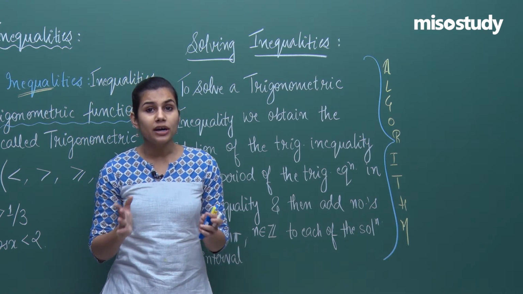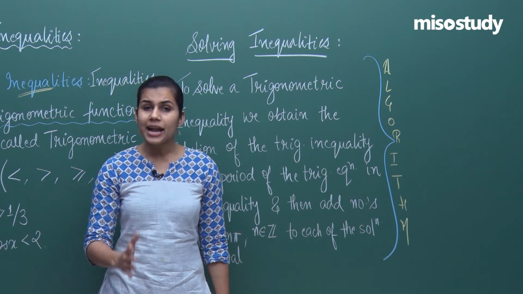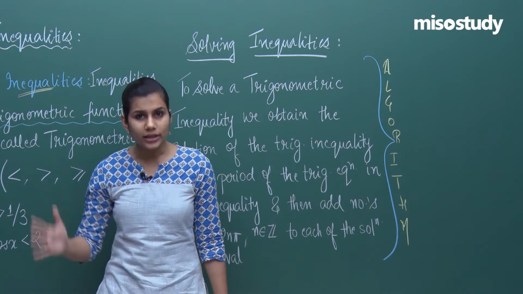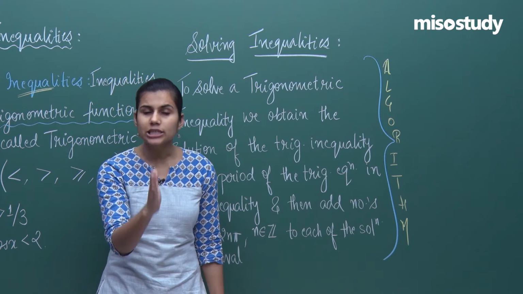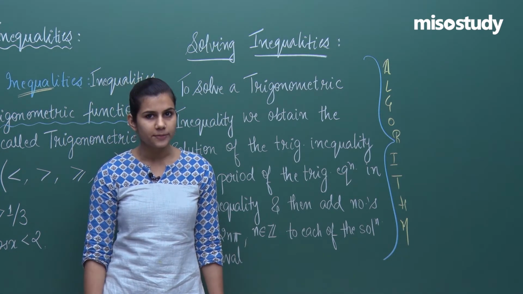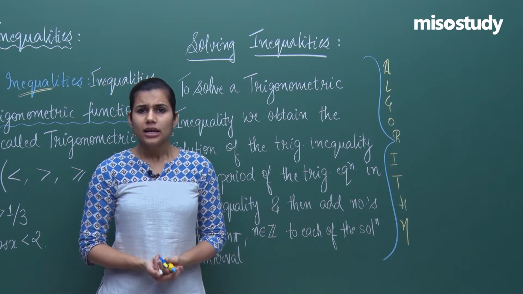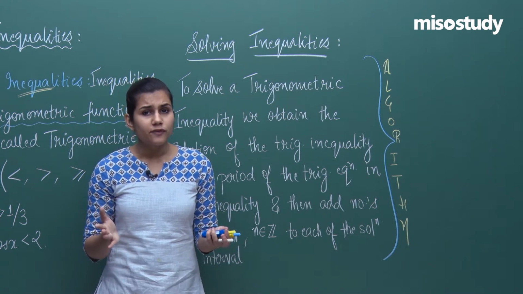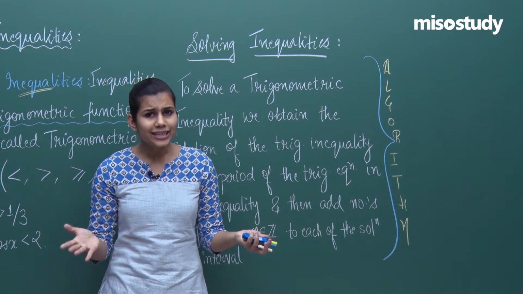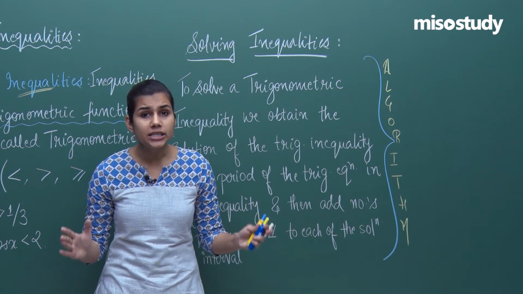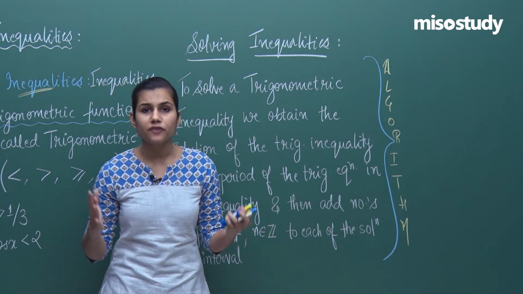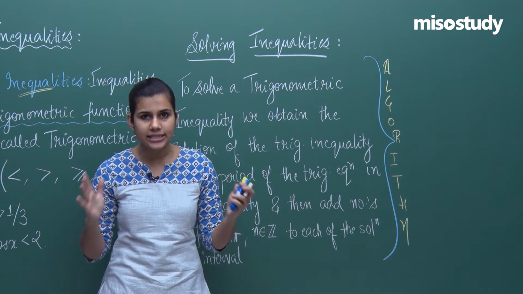Every trigonometric function is periodic, and by the very property of periodicity, you can successfully find out the entire solution set of a trigonometric inequality. What do I mean by this? Well, every trigonometric function is periodic by some period, say t. That means over every interval of length t, the trigonometric function's behavior is exactly the same.